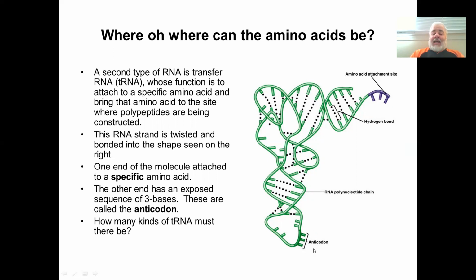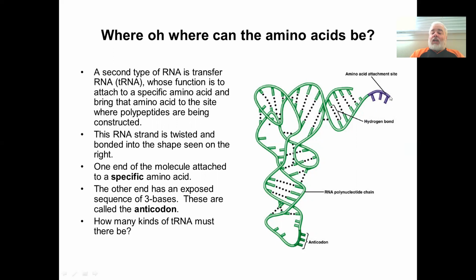And the anticodon is the portion that actually identifies it at the protein translation machinery called the ribosome. And when I show you this in the next slides, I hope this will make more sense.